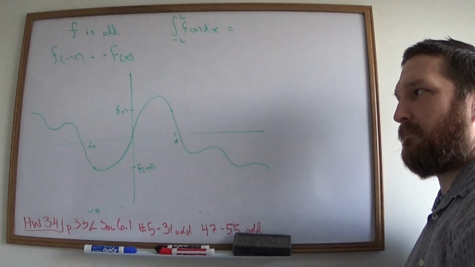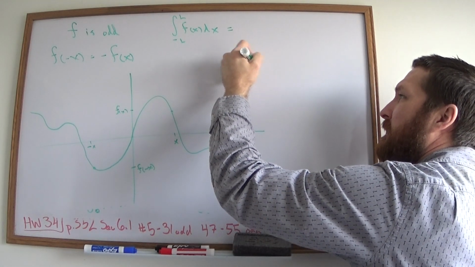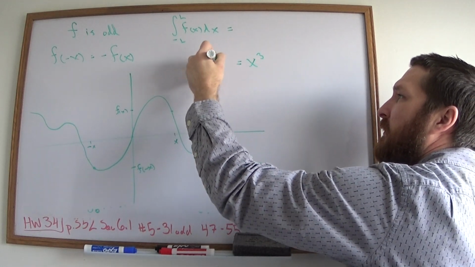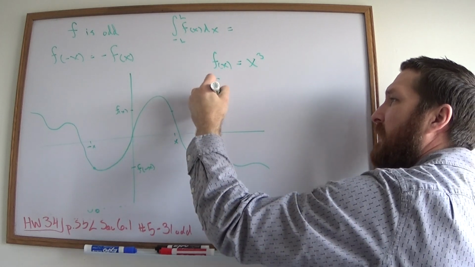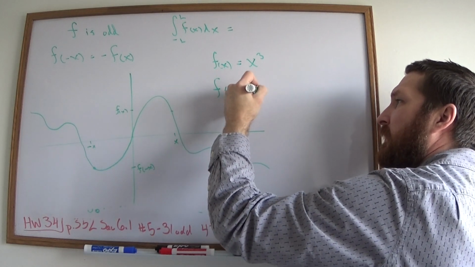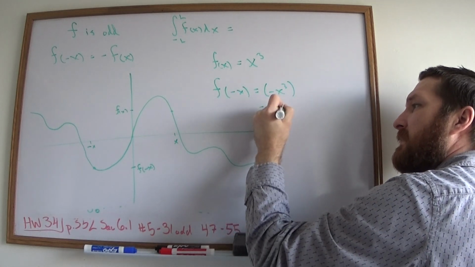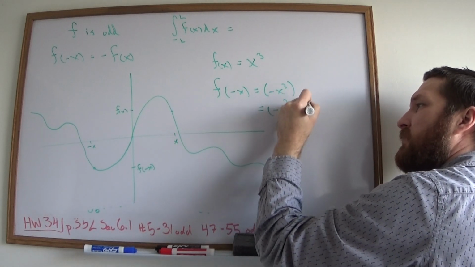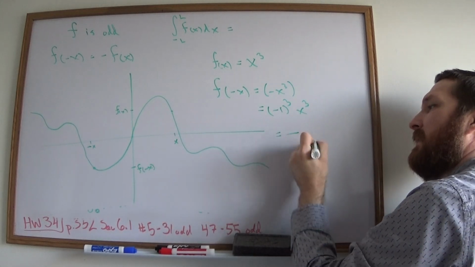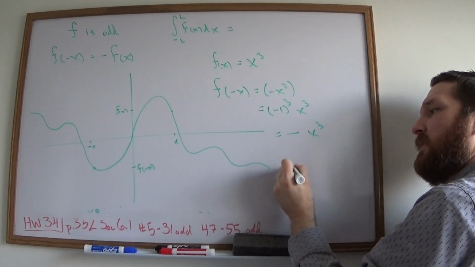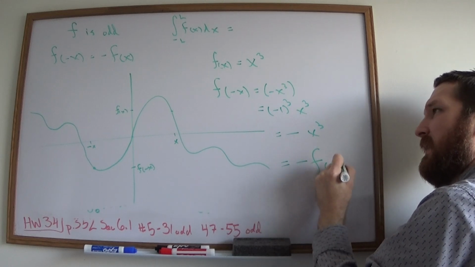Right? So let's think of an odd function that we know. X cubed. Plug in a negative. That's the same thing as negative 1 cubed x cubed, which is negative x cubed, which is the negative of f of x.